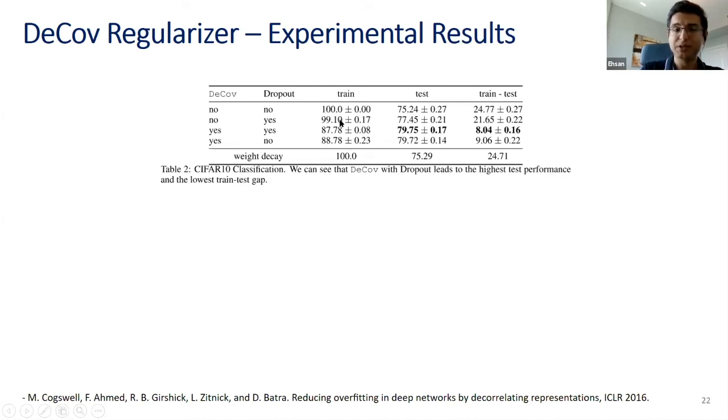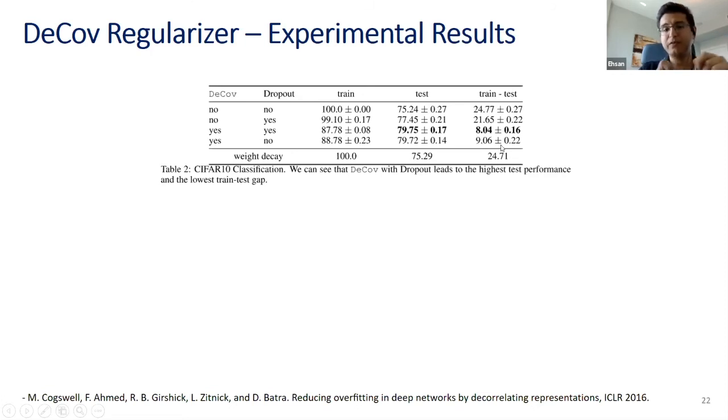So dropout is doing better in terms of training accuracy. In terms of test accuracy, actually DeCov is doing better, because this is like 79 versus 77. But if you look at the gap between train and test accuracy, we see that DeCov is really giving better generalization, because that gap for just using dropout is like 21%, and for DeCov is 9%.